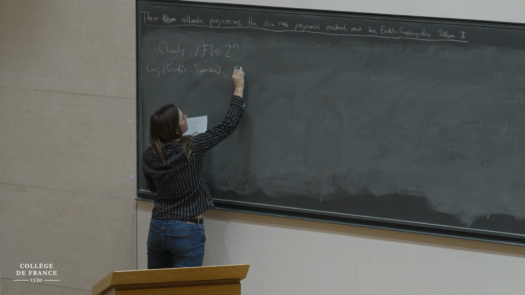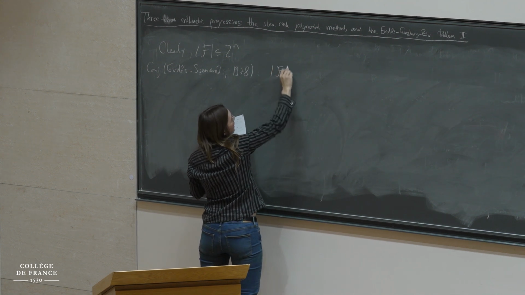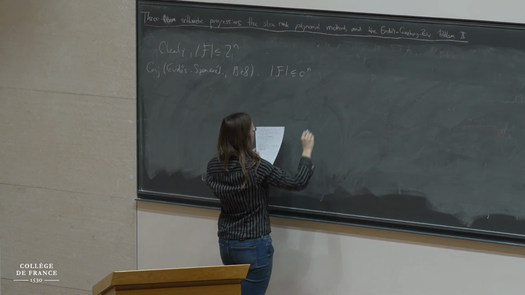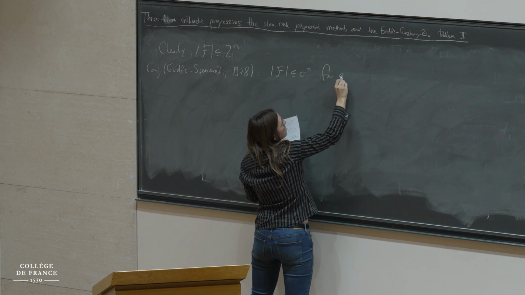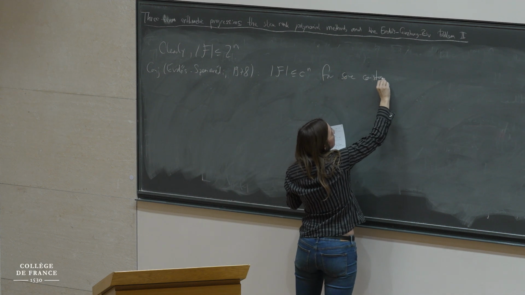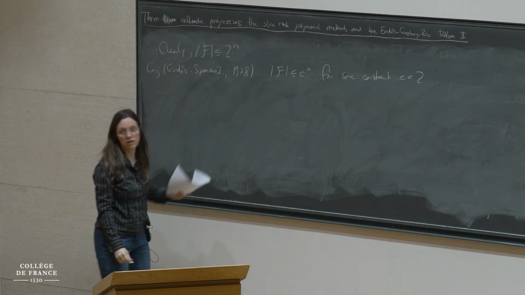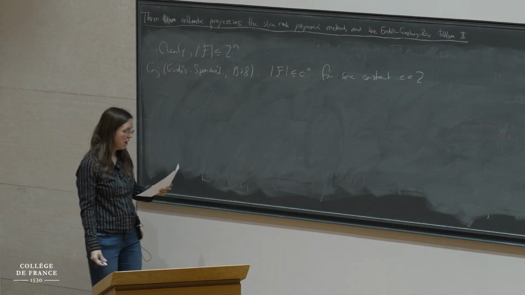So in 1978, Erdös and Szemerédi conjectured that, in fact, |F| is at most c to the n for some absolute constant c strictly less than 2, so that you can get exponentially better than that trivial bound.